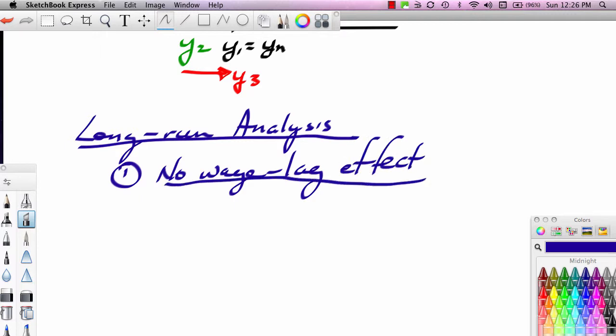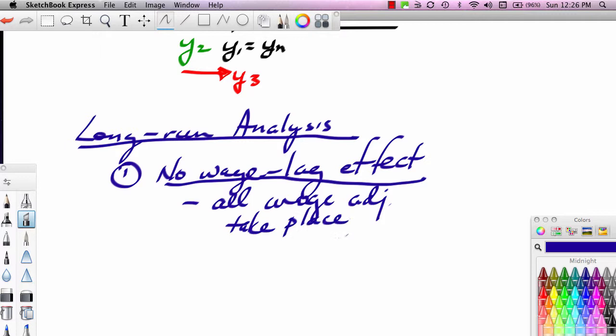That wage adjustments are complete. We'll just write this out: all wage adjustments take place. So what we're assuming here is the time interval is long enough for workers to adjust their wages to price level changes. That's really the big idea.